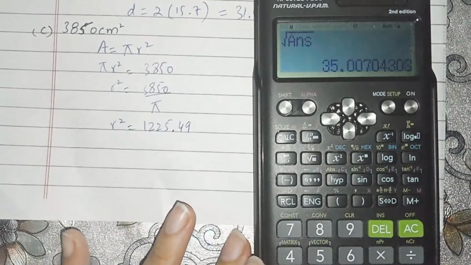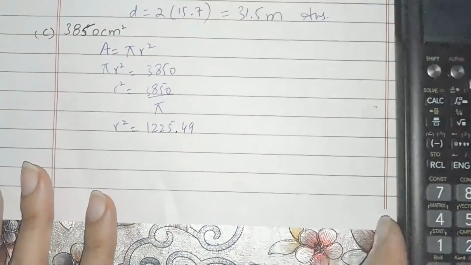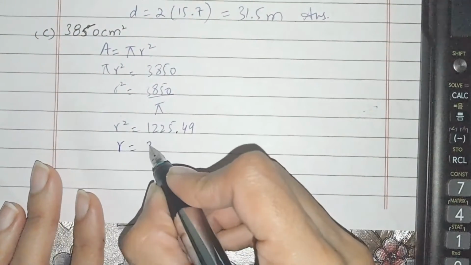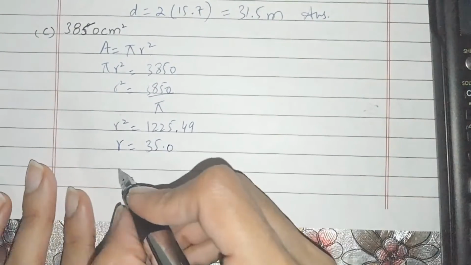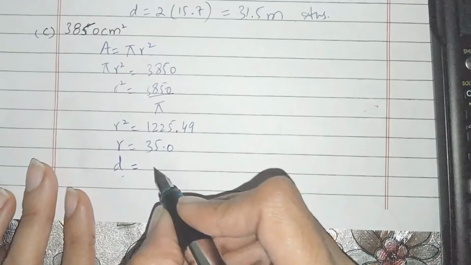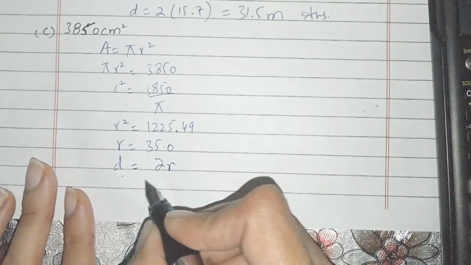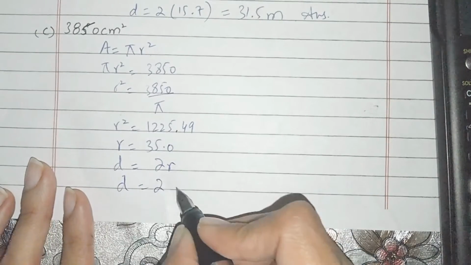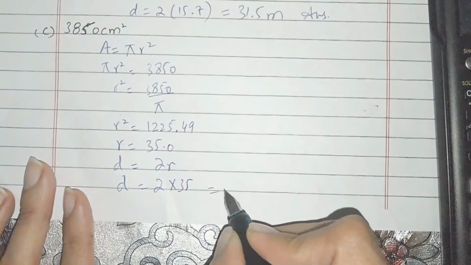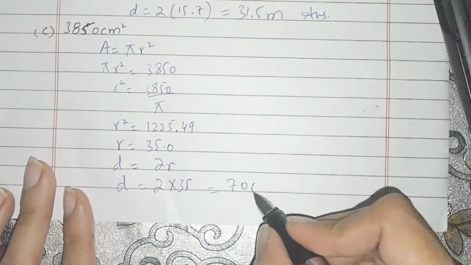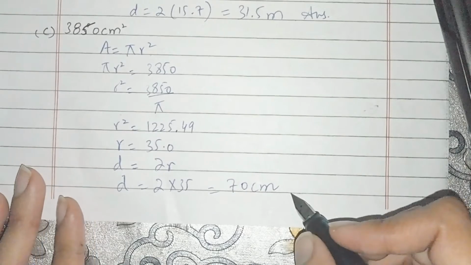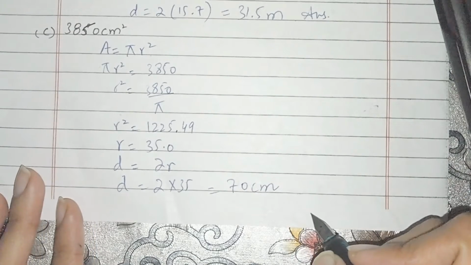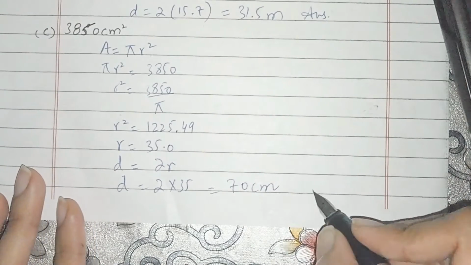Under root answer, and we get 35. R is equal to 35.0, and we have to find the diameter. Diameter is equal to 2r, 2 times 35, and this is equal to 70. Unit is centimeter. And now students, this is the answer of the third part. Now it's solved.